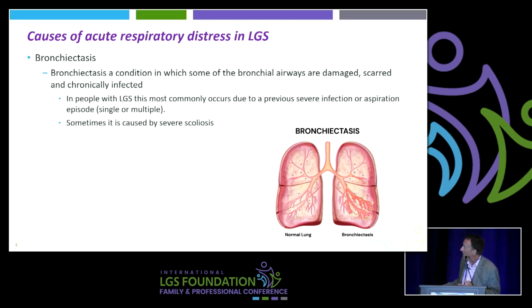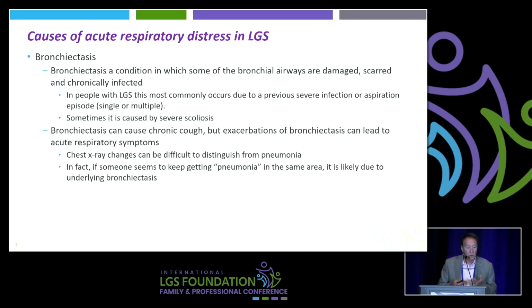And if there are areas that have been especially prone to developing pneumonia in the past, the damage done to those bronchial tubes leads to a chronic issue where they're never completely cleared of infection, they're never completely cleared of mucus. And so this condition, bronchiectasis, in and of itself can cause ongoing chronic problems and also exacerbations.